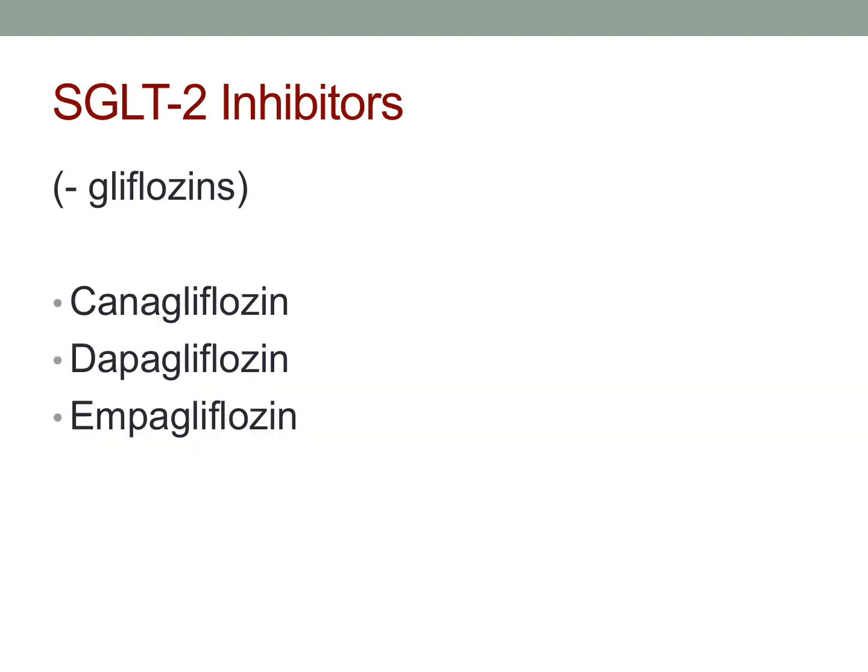And because they're inhibitors, again, they end in "in," but because they're involved with glucose flow, they're called gliflozins. So they inhibit the flow of glucose in our kidney tubules. And it's easy to remember because it's CDE: cana, dapa, and empagliflozin.